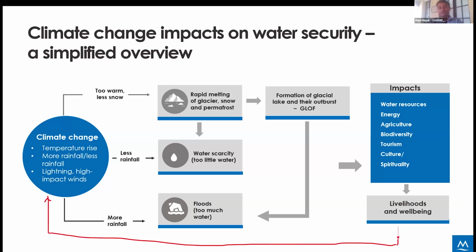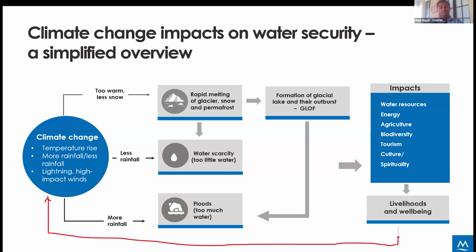For example, if the temperature is too high, the snowfall may be less. That means melting of glaciers or snow or the permafrost might be accelerated. On the other hand, if rainfall is low, that indicates water scarcity. Or if rainfall is high, that results in extreme flooding, right?